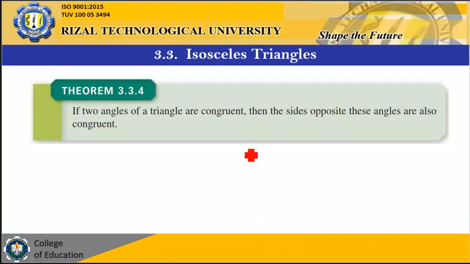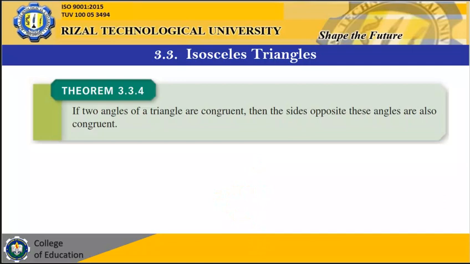This time, its converse says that if two angles of a triangle are congruent, then the sides opposite these angles are also congruent. Actually, this one is already obvious because we have already shown that if the base angles are congruent, it follows that the sides opposite these angles are also congruent. So we no longer prove this one.